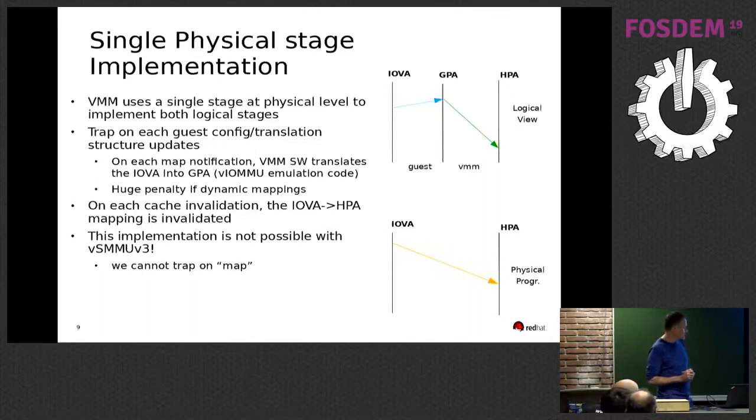The problem, so there are different, so the first issue is that it induces quite a huge penalty for use cases which do a lot of map and so on, because each time you map something, you go through this process: you do the translation by software, you do the association between GPA and HPA, program the hardware, so it's very costly.